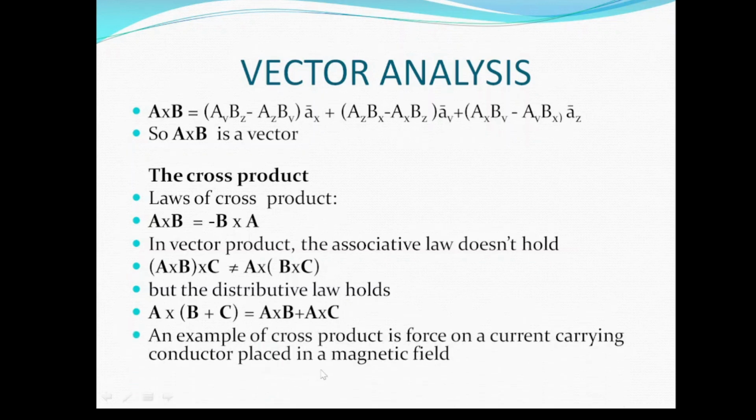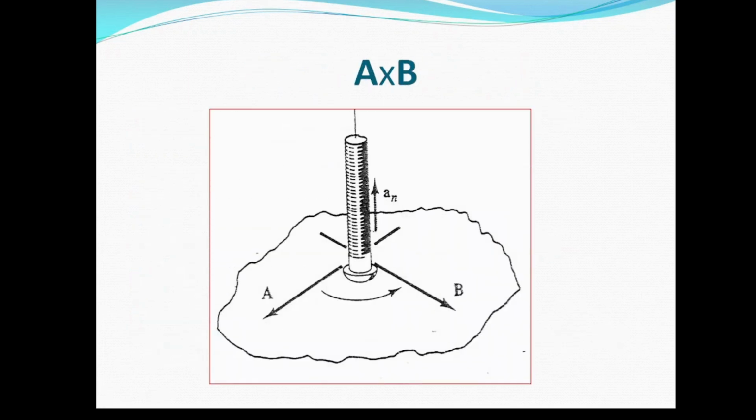An example of the cross product is the force on a current carrying conductor placed in a magnetic field. This is the diagram which shows the cross product. One is along A and one is along B, so these two are on one plane. Suppose one is along x and one is along y, it is the xy plane.